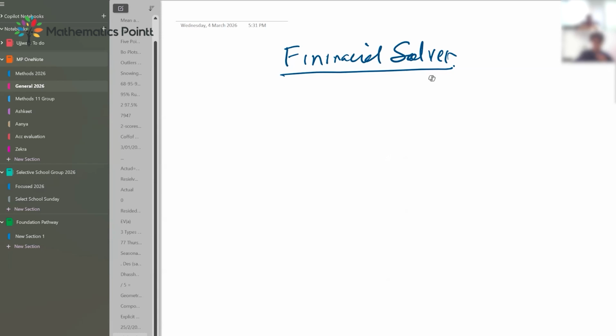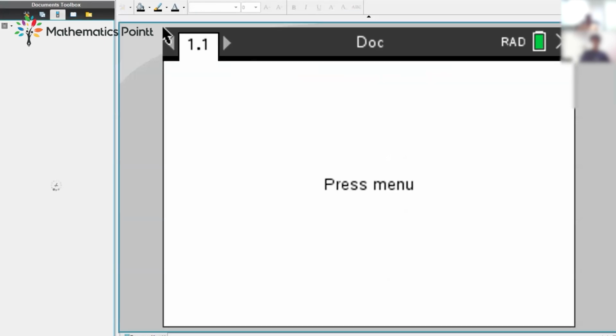Now, financial solver is a part of your CAS. So if you open up your TI CAS or the other CAS that you have, Casio CAS, ClassPad, it's a part of that CAS.